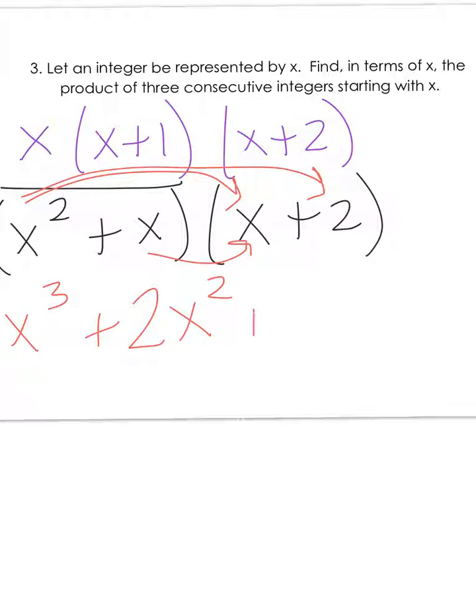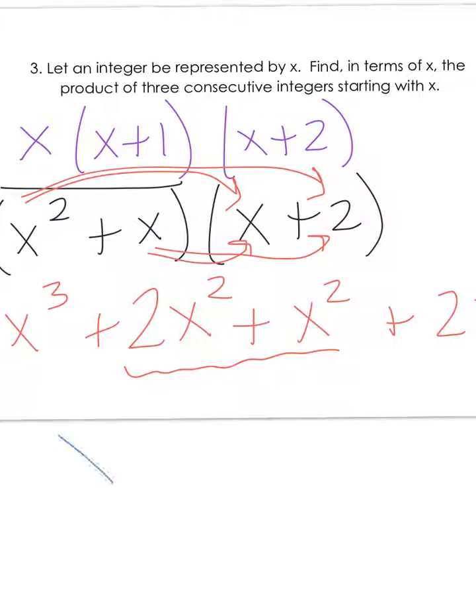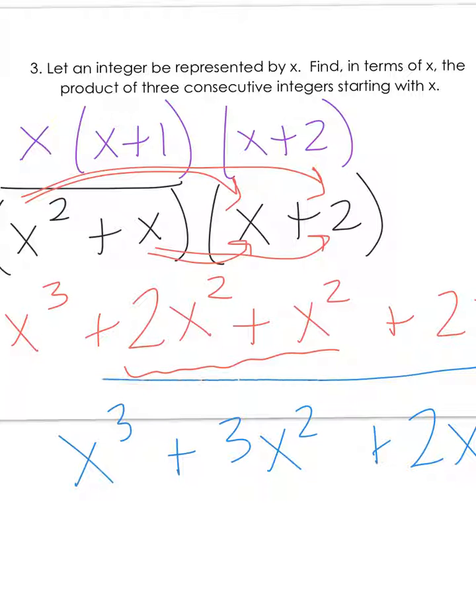X times x gives me x squared, and x times 2 gives me 2x. I'm going to combine some like terms right here, and I'm going to get x cubed plus 3x squared plus 2x. And that would be my solution. I'm done with that one.